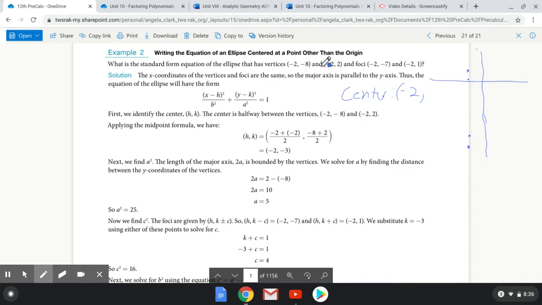Then we can take the average of -8 and 2, or we could take the average of -7 and 1. It doesn't matter, because either way, it's going to be halfway in between. So -8 plus 2 is -6. -6 divided by 3 is -2.